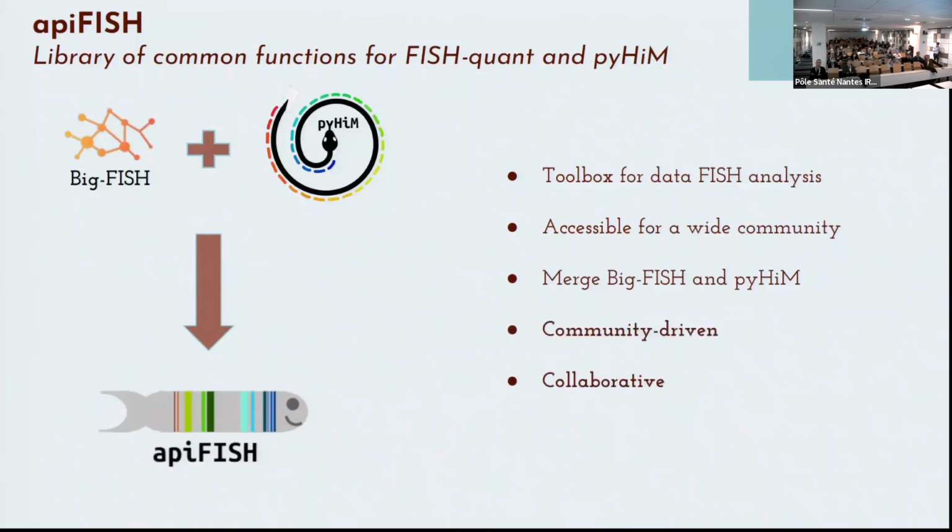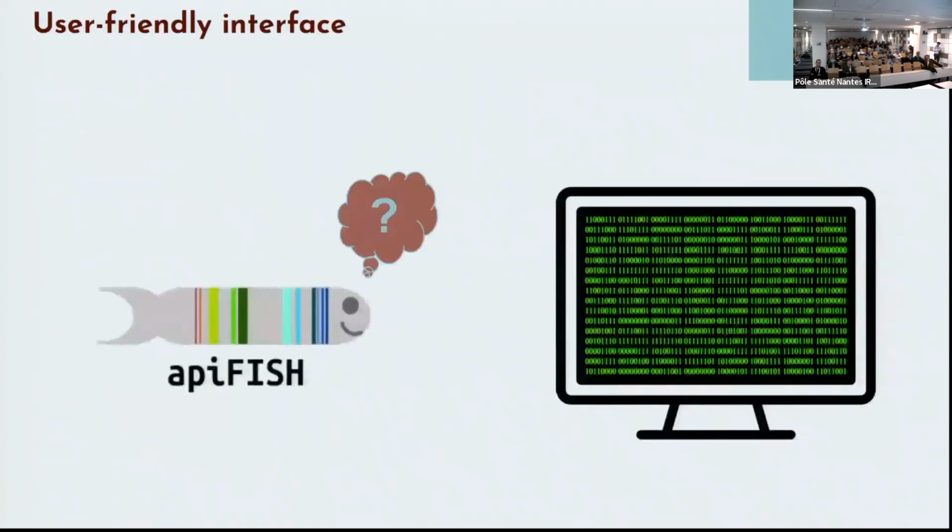And HappyFish is a community-driven and collaborative project which welcomes collaboration from external developers. But the issue is that not all users are comfortable with Python script development. So the second step is to implement a graphical interface in a user-friendly way.